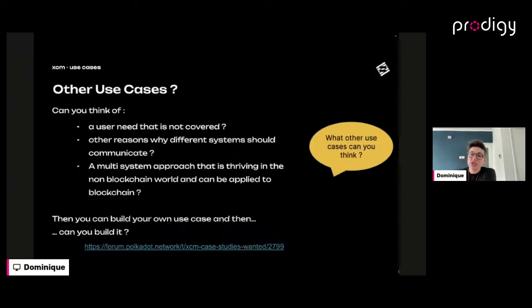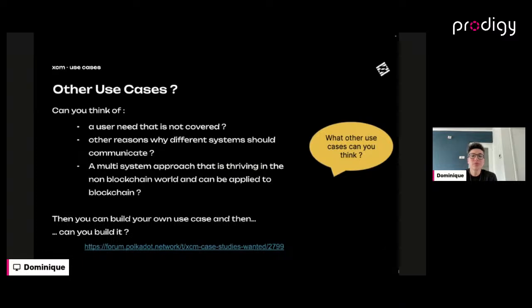But apart from these use cases that other people have built, teams, the things that we have thought of, or other external teams, this hackathon is an opportunity for you to think what other use cases can be there. Maybe you have a user need that is not covered, and that can be its own use case.